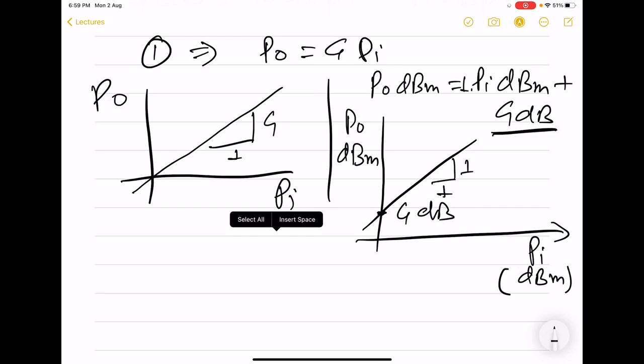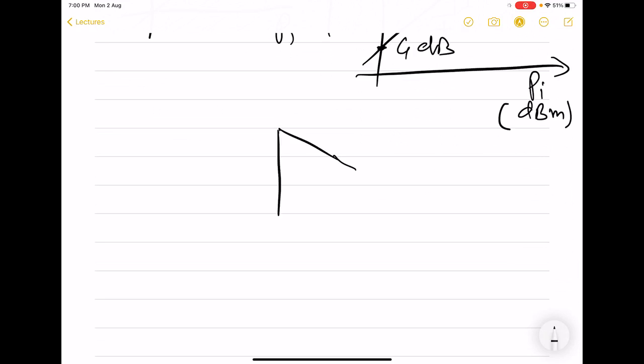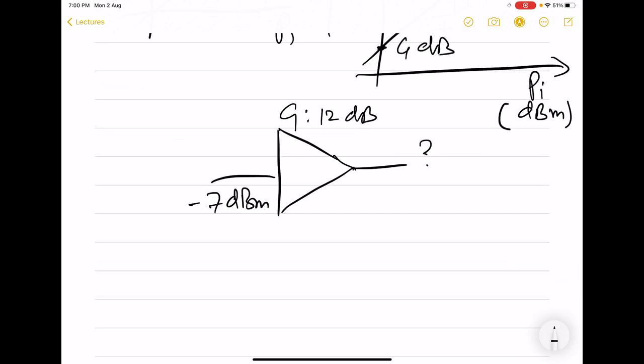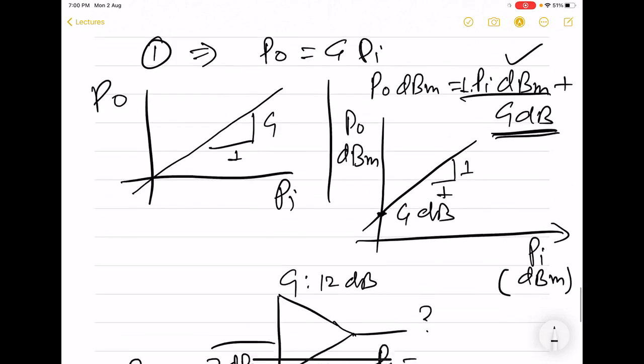And this equation that we have written here will be helpful when we are dealing with an amplifier. Say for example, if we have an amplifier here which is being fed with, say, -7 dBm of power, and it has a gain equal to 12 dB. So the question is how much output power we get. Output power, we know, is equal to the sum of input power in dBm and gain in dB.